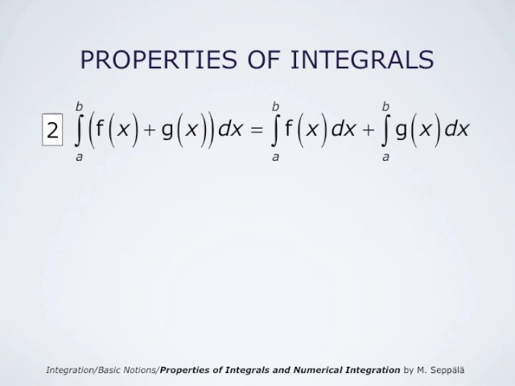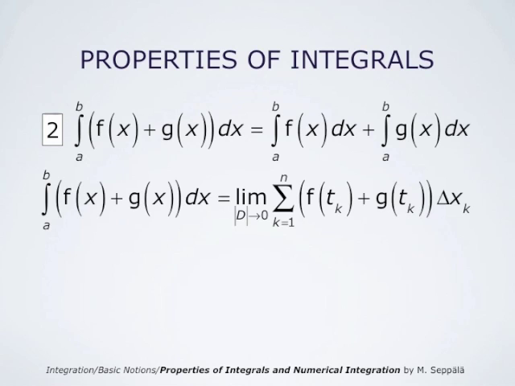The second property says that the integral of a sum is sum of integrals. That is, integral from a to b of f of x plus g of x dx is integral from a to b f of x dx plus integral from a to b g of x dx. This is also immediate because every Riemann sum is of the form summation k from 1 to n, f at tk plus g at tk times delta of xk.